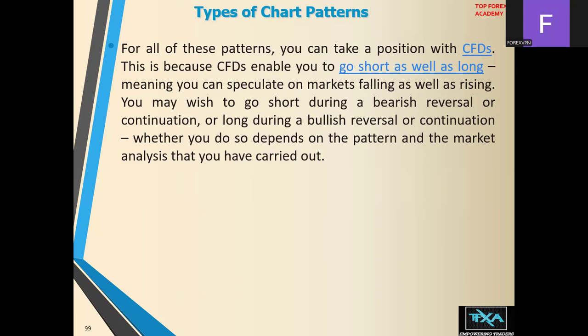This is because CFDs enable you to go short as well as long, meaning you can speculate on markets falling as well as rising. You may wish to go short during a bearish reversal or continuation, or you go long during a bullish reversal or a bullish continuation. Whether you do so depends on the pattern and the market analysis that you have carried out.